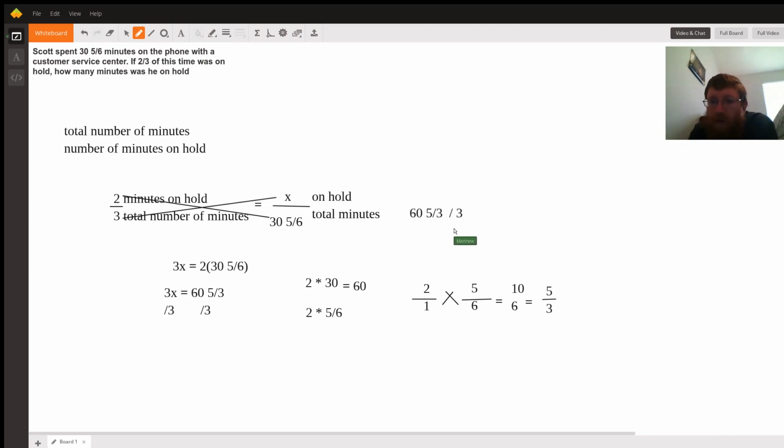So from here, what do we do when we're dividing and we have this fraction here? Well, that could make it really complicated, right? So we first want to change this into an improper fraction. How do we do that? We've got a 60 here, and we have a 5/3 here.